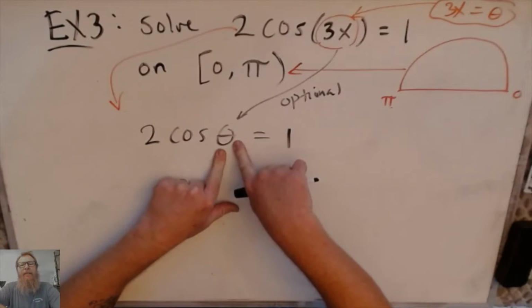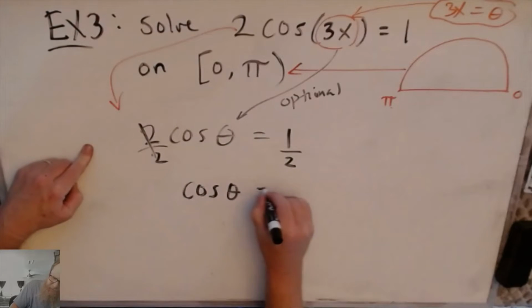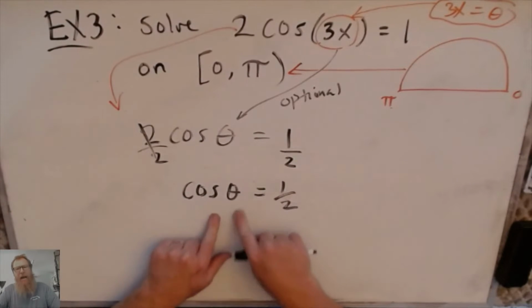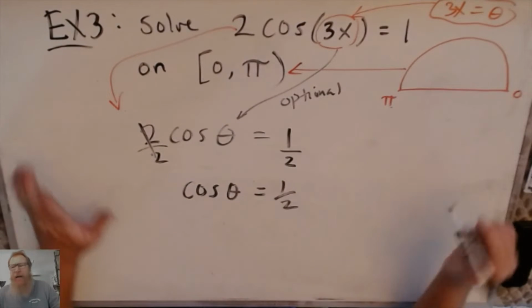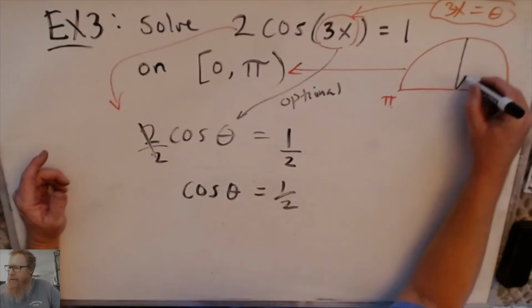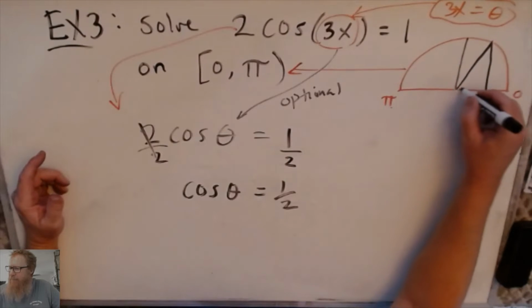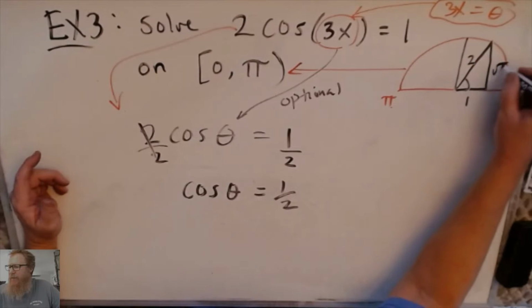And now when I solve it, it's just like the problem I just did. You know, what angle has a cosine of 1/2? And it has to be between 0 and pi in this case. So 0 and pi, cosine is 1/2. 1/2. This is root 3.